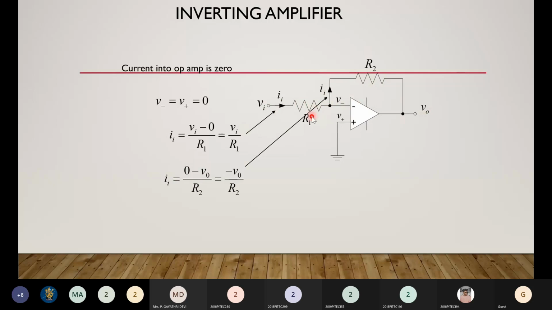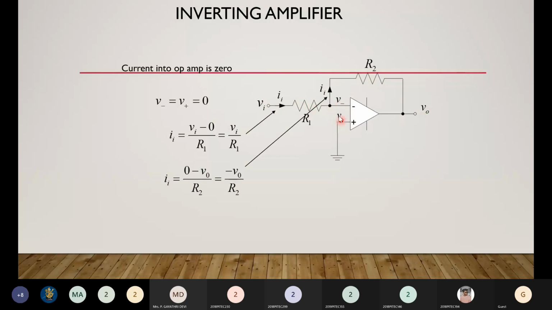One more thing: how come this value has been written as 0? The voltage at this point has been taken as 0. Any guess why this particular voltage is 0? It is the golden rule of op amp, the first golden rule of op amp. We say always the potential difference between these two terminals is 0.